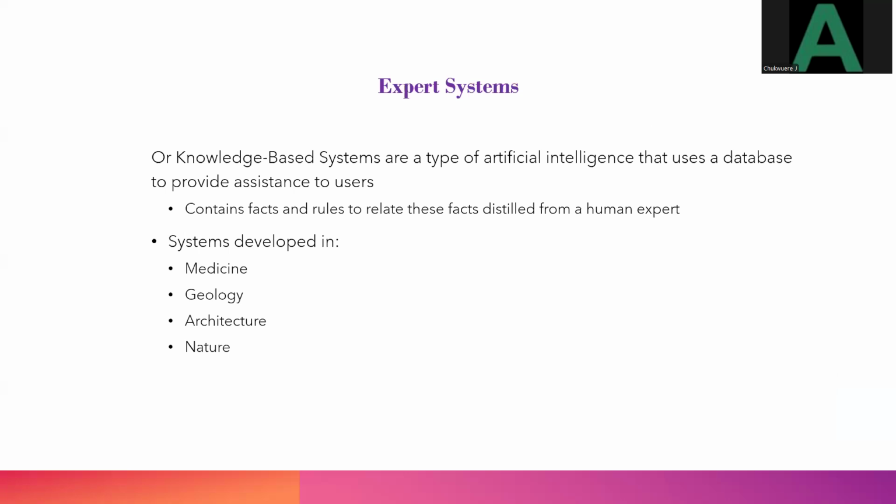Your expert system or knowledge-based system, particularly for AI, artificial intelligence, uses a database to provide assistance to the end user, which contains facts and rules created from human experts. Expert systems can be used in different areas, using AI to model and provide a clearer view of data that can assist people in different fields, like people in medicine, to know how a given drug, for example, performs, the impact, and everything, in nature, in architecture, and all the rest.